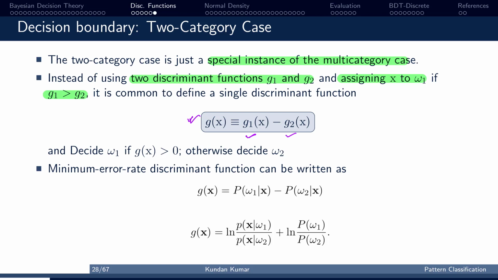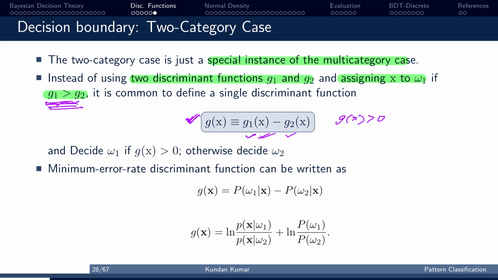The condition g1 greater than g2 is satisfied if g(x) is greater than 0. So this condition can be satisfied with a single discriminant function, and that discriminant function is nothing but our decision boundary. When we equate this discriminant function to zero, it gives our decision boundary.